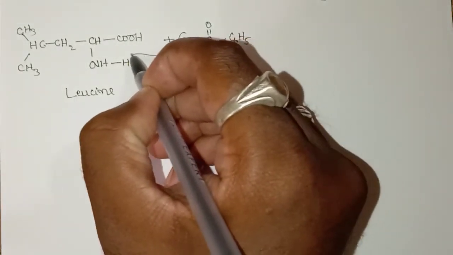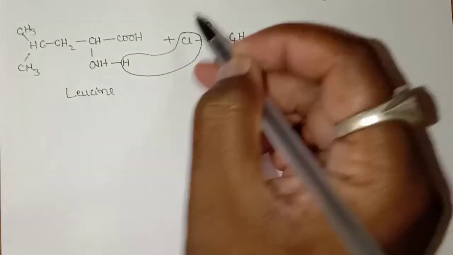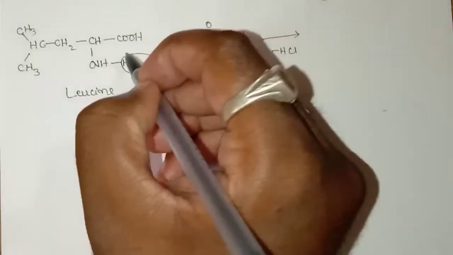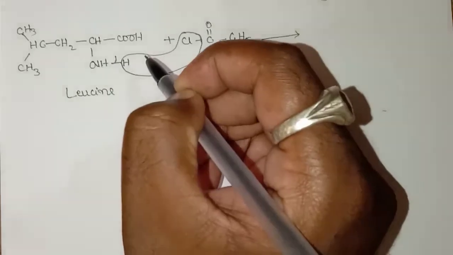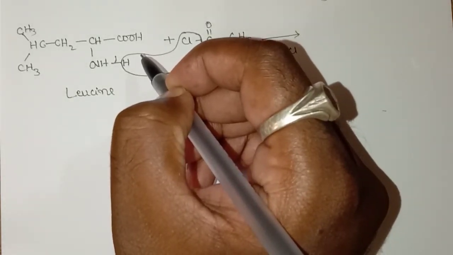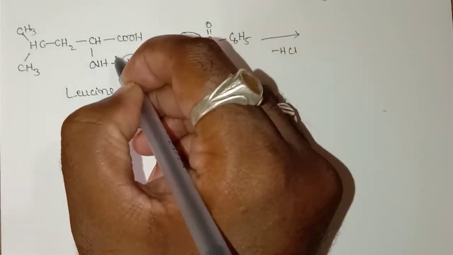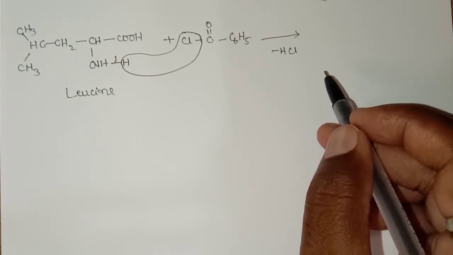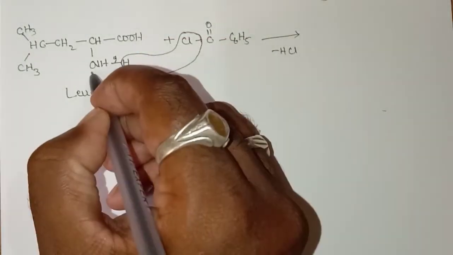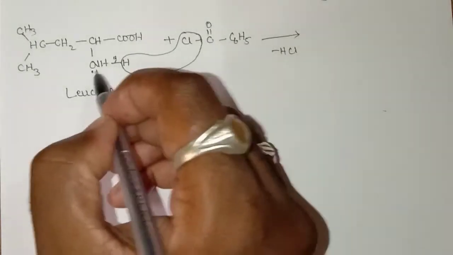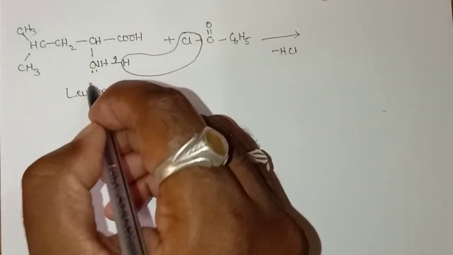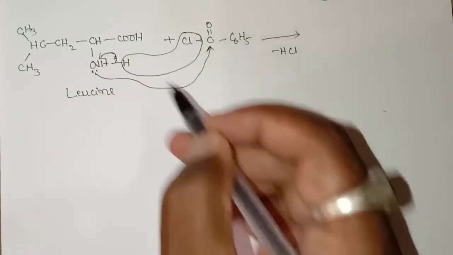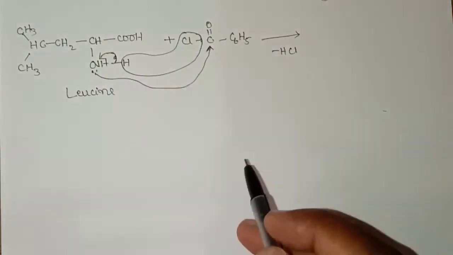The same thing, Cl will eliminate the H in the form of HCl, and now the lone pair of electrons will donate to the carbonyl group and these bond pairs will shift on to nitrogen. So they develop a bond between nitrogen and this carbonyl group.